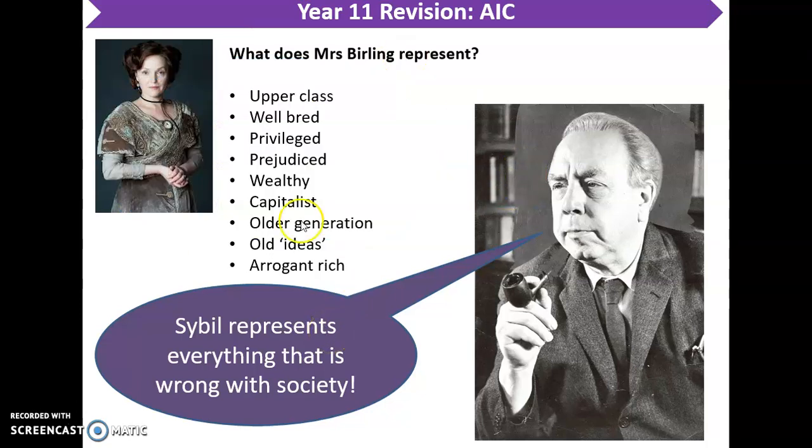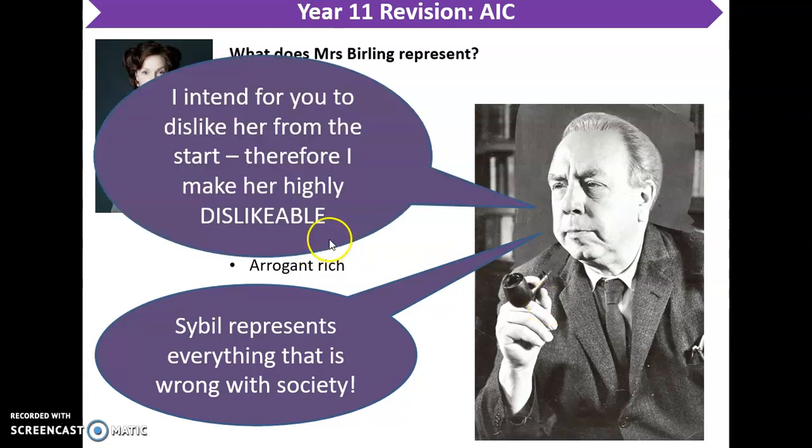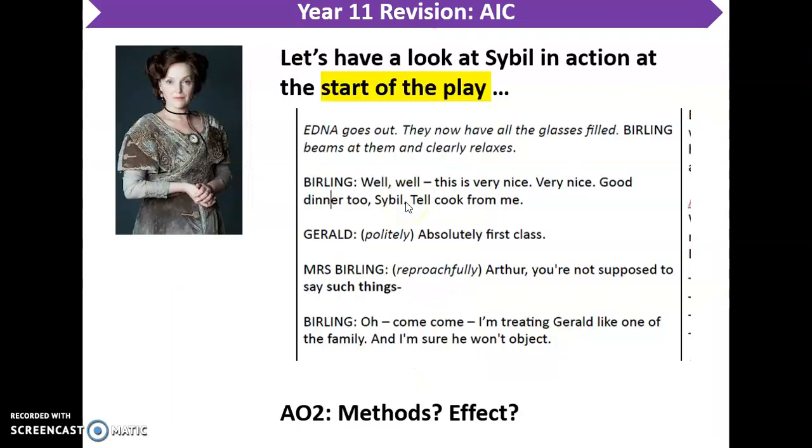She represents the upper classes, privileged and prejudiced, wealthy, unaware and ignorant of what might be going on with the working classes. She represents this older generation who are stuck in their ways and fixed, part of the arrogant rich, those old ideas, so that we, like Priestley, dislike her from the start. Priestley makes her dislikable, therefore we dislike her.